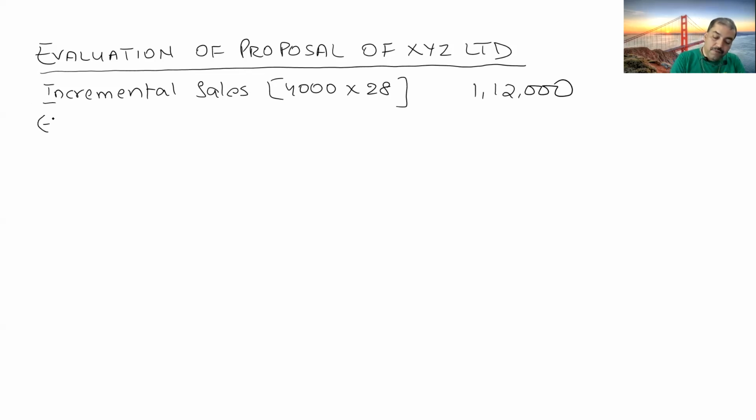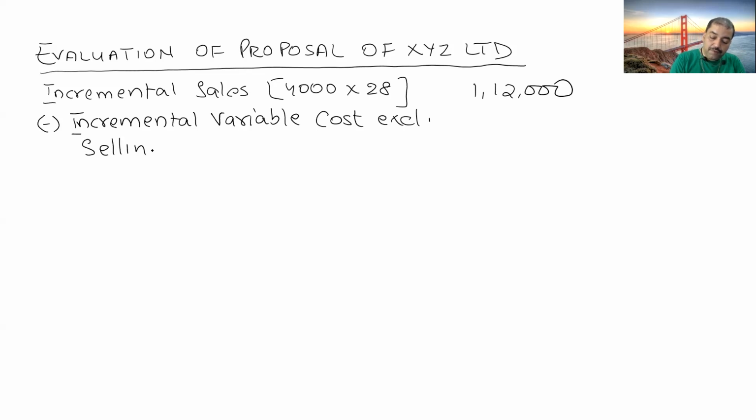Minus incremental variable cost. I'm not talking about fixed cost because fixed cost is not to be recovered from them. We are already having the infrastructure. Incremental variable cost, but excluding selling and distribution cost, selling overheads.